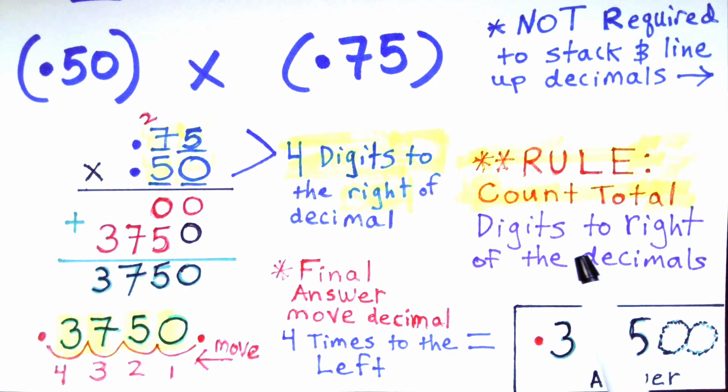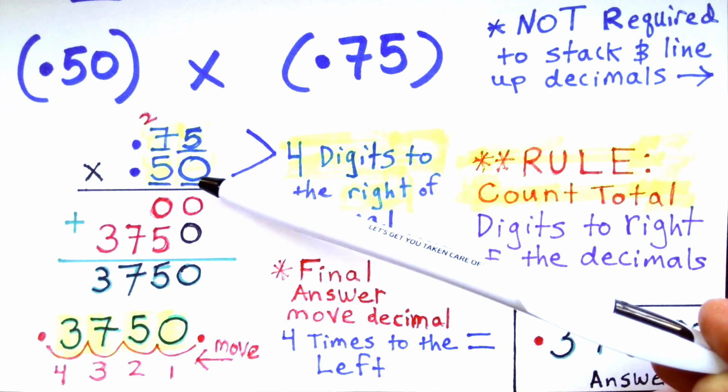And the rule is you're going to count the total digits to the right of the decimal, and then in your final answer, you move the decimal that many times, in this case 4 times to the left, right? Why? Because when we started to multiply, there are 4 digits to the right of the decimal.